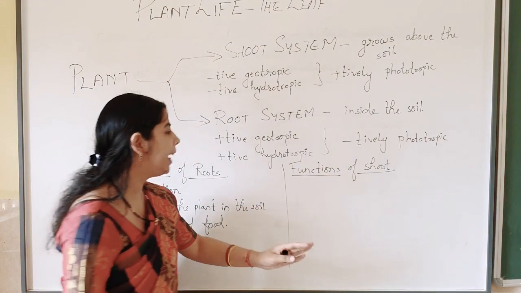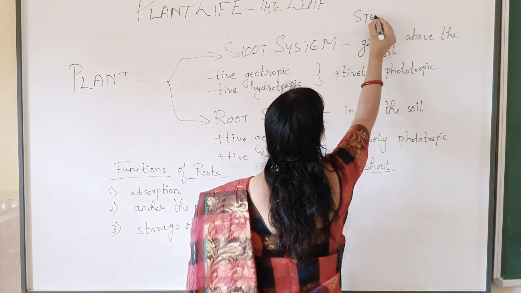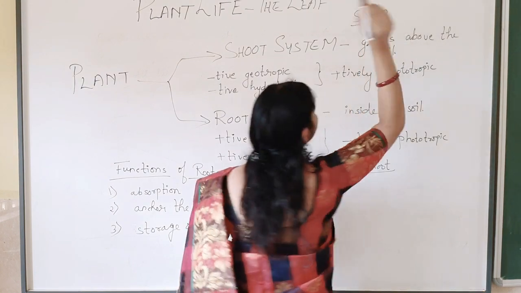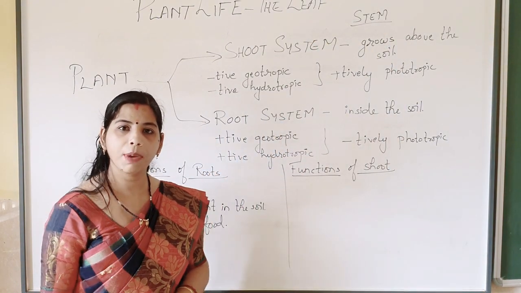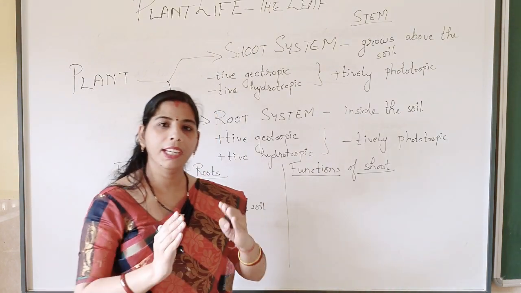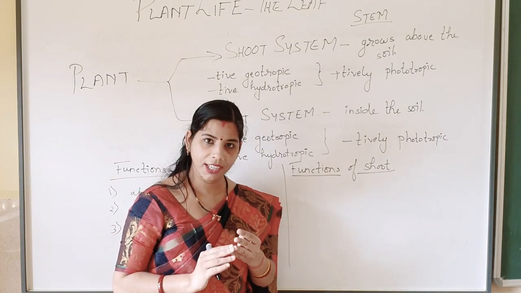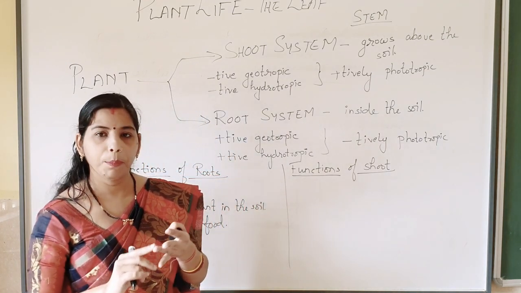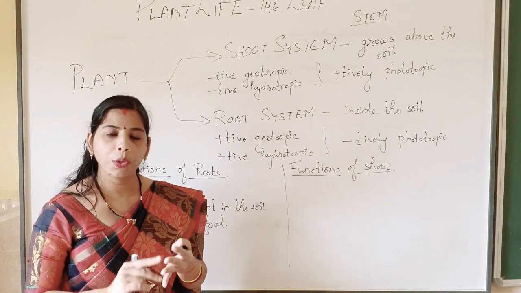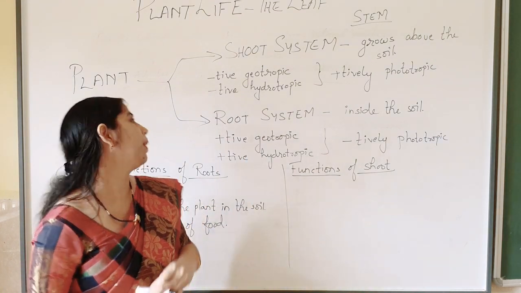It has a main part which is the stem. Shoot has a main part which is known as the stem, and shoot is the upper part of the plant and it bears the branches, flowers, buds, nodes and internodes. That means it is the most important part of the plant.